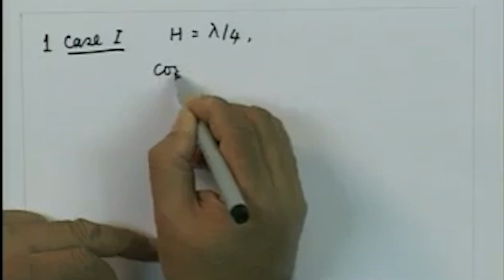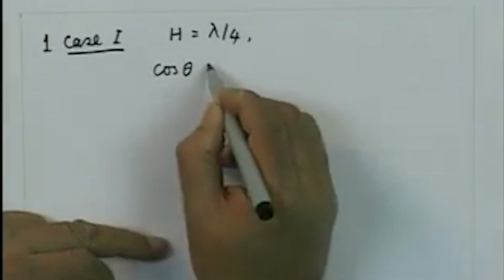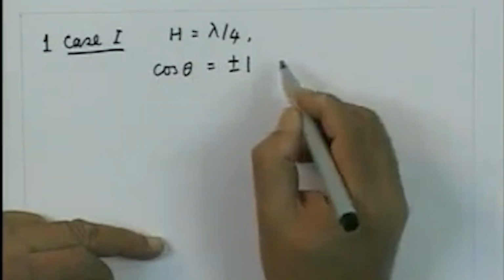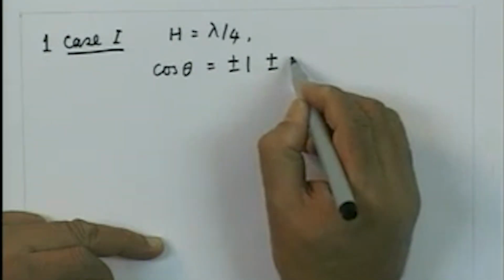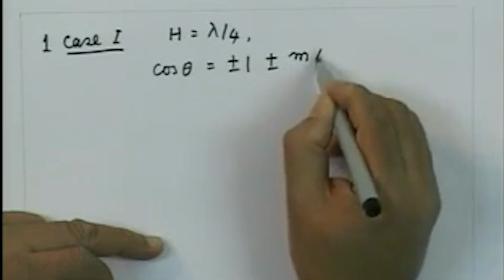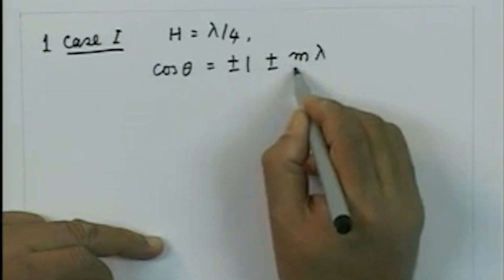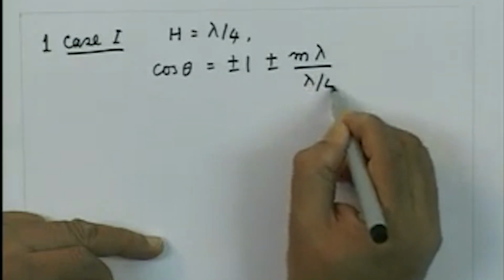So cos θ for the nulls will be equal to ±1 ± mλ upon λ/4.